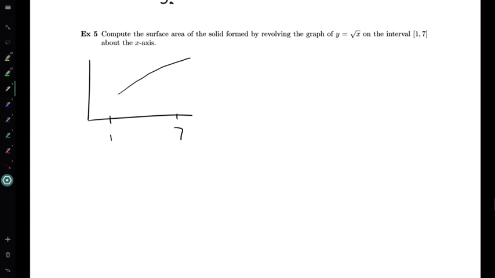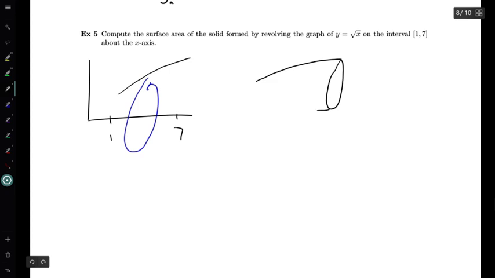And if I revolve this about the x-axis, I get some surface that looks like this. Cool. All right, so we've got a surface here.